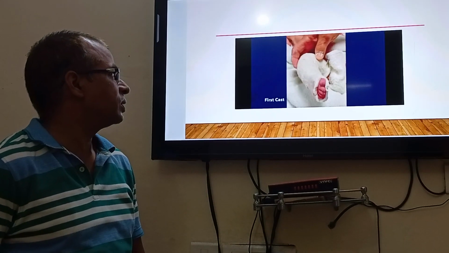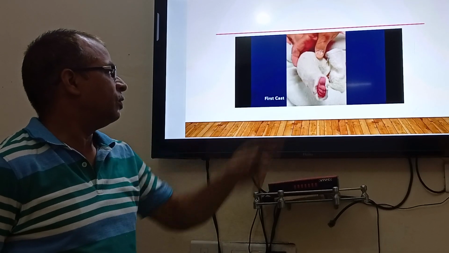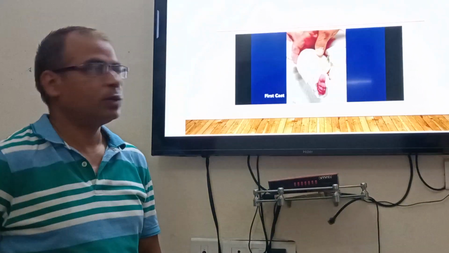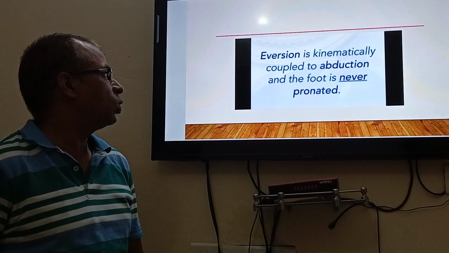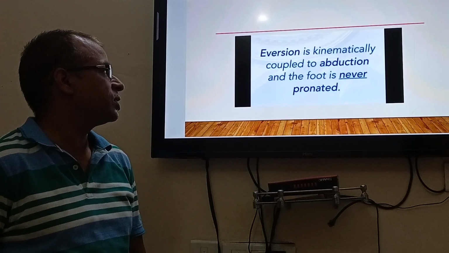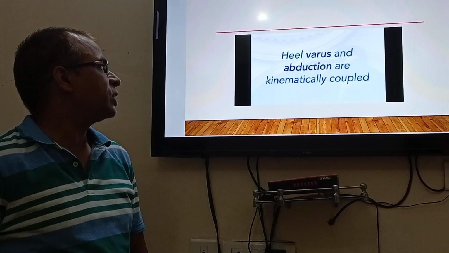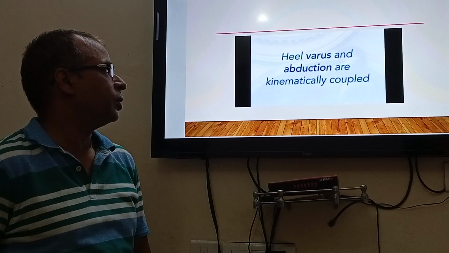And this is the first cast where the first ray is elevated and the foot goes into a more supinated position. So eversion is kinematically coupled to abduction and the foot is never pronated. And heel varus and abduction are kinematically coupled.